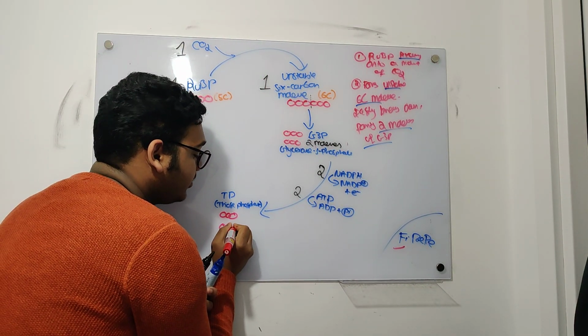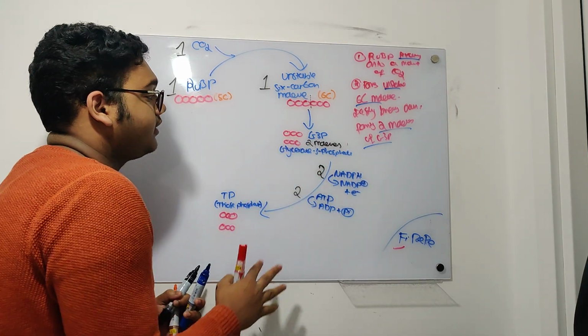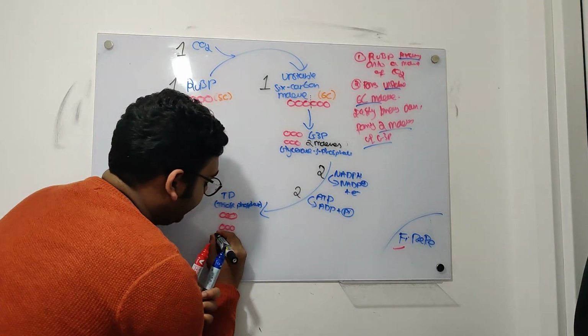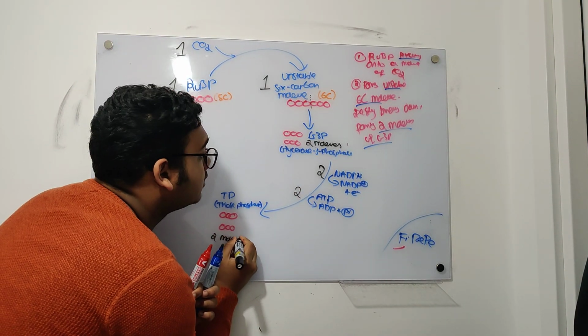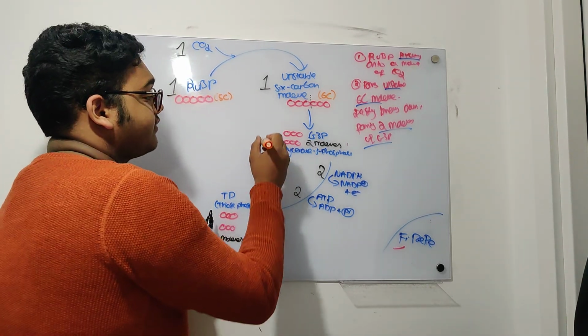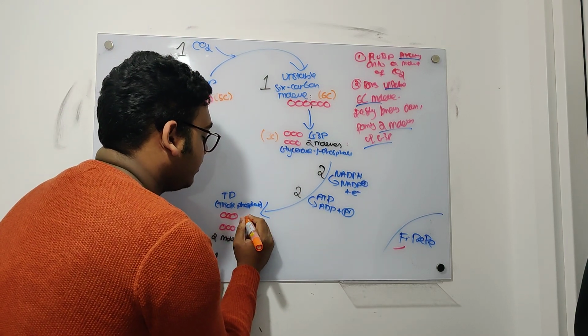And remember, because we have 2 molecules of G3P, we're going to be forming 2 molecules of triose phosphate. So I'm going to put 2 molecules there. And just to reinforce the idea of the number of carbons, 3C goes there, and a 3C goes over here.